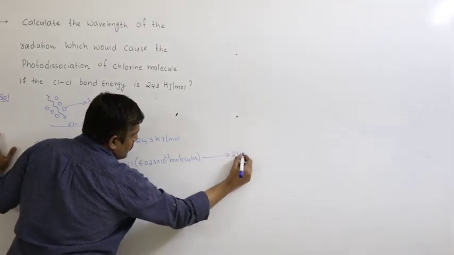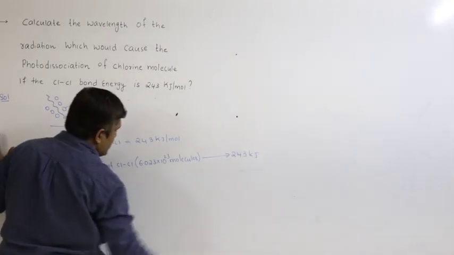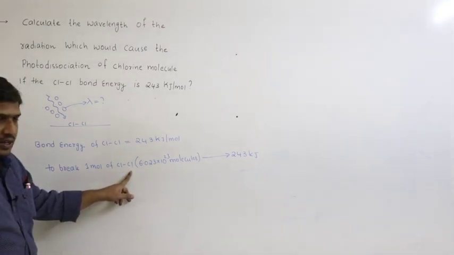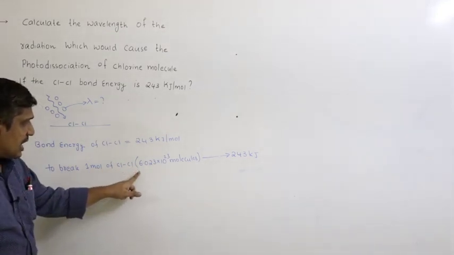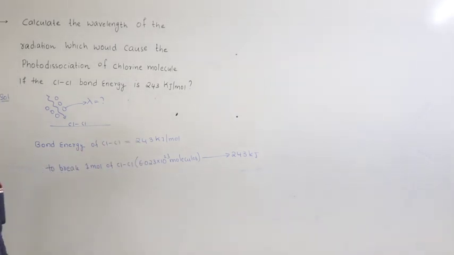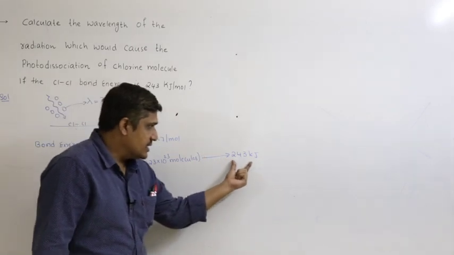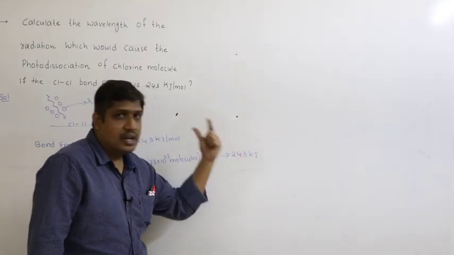You require 243 kilojoules to break 1 mole of Cl. 1 mole of Cl is nothing but Avogadro number of Cl molecules. So to break Avogadro number of Cl molecules, the energy required is 243 kilojoules.